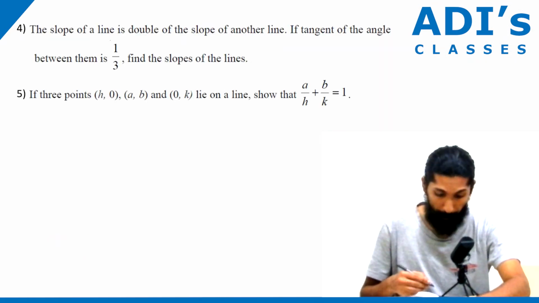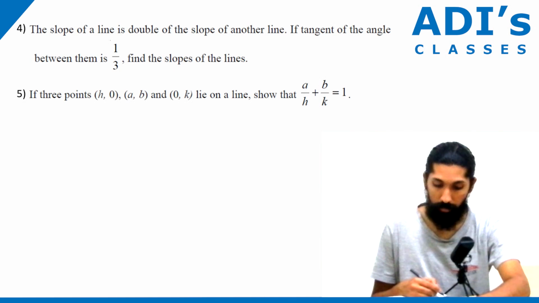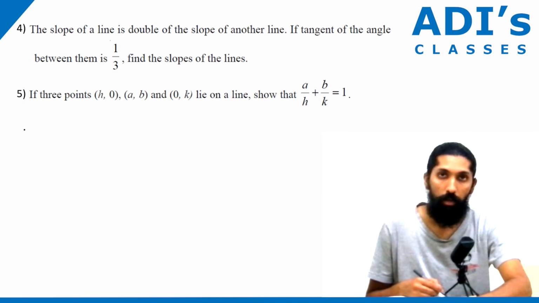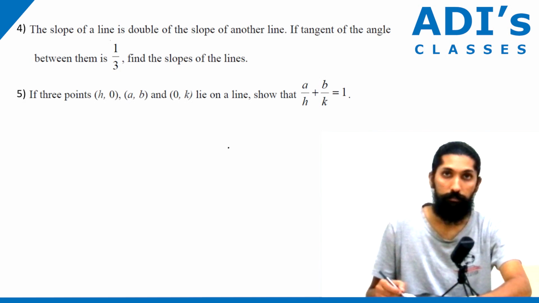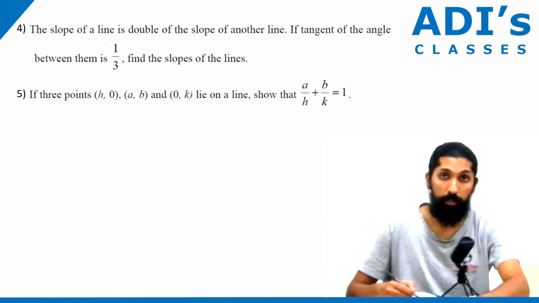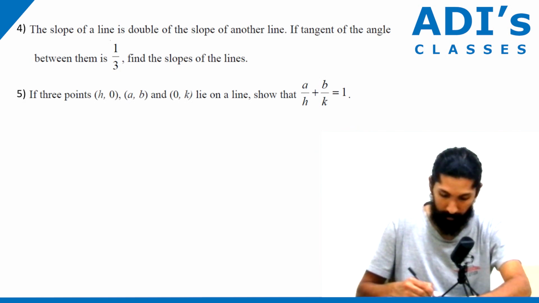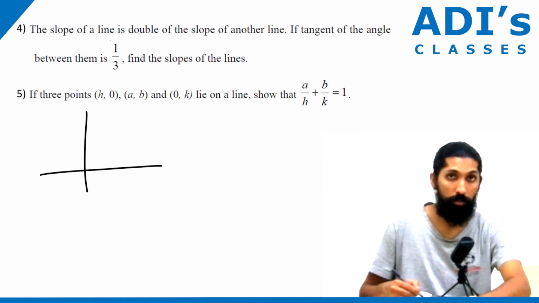See, in the fifth one, 3 points lie on a line. Show that this is equal to this. Okay, it's very easy. You have to show that they lie on the line. First thing we'll do, these are the 3 points. Let's assume that in the x and y axis, we have point h comma 0 and 0 comma k.